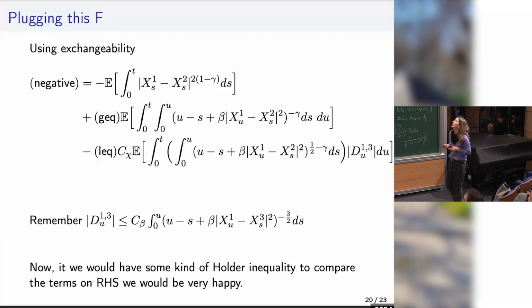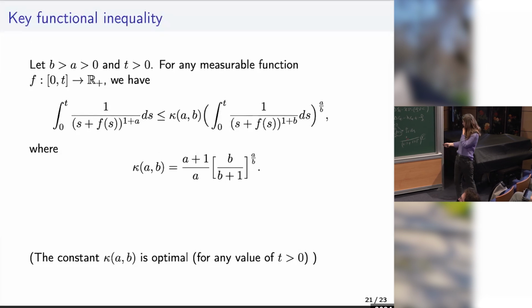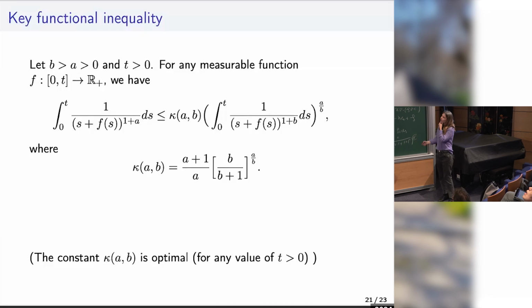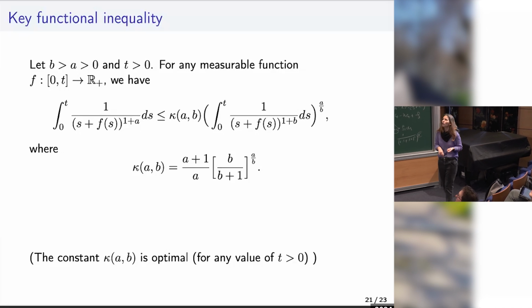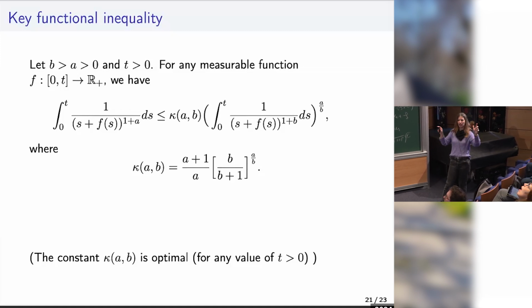And what happened is that at that time, when we were doing those computations and replaced the drift with this, with 3/2 here, we figured out that if we had this functional inequality, it would open all the doors, and we would be able to compare all our terms. Everything would be in nice order, okay?